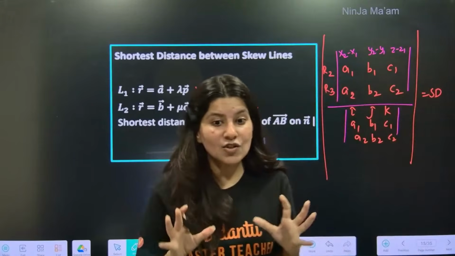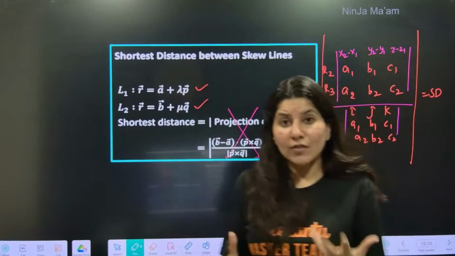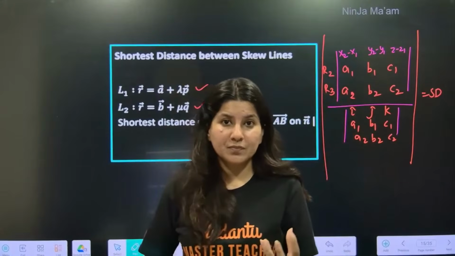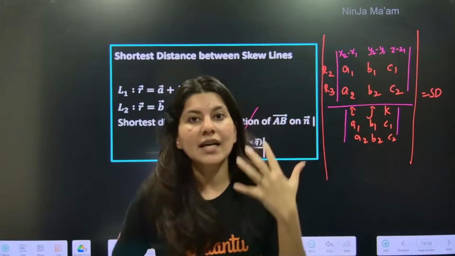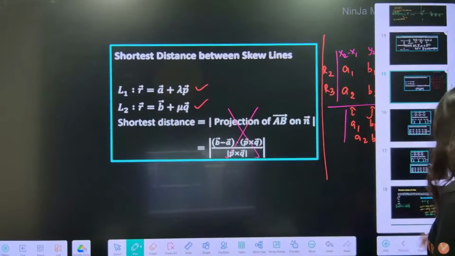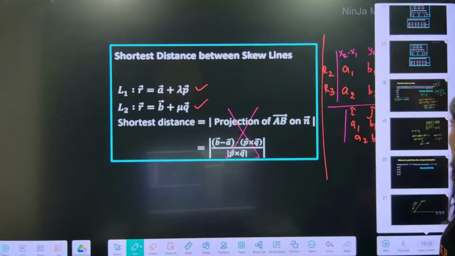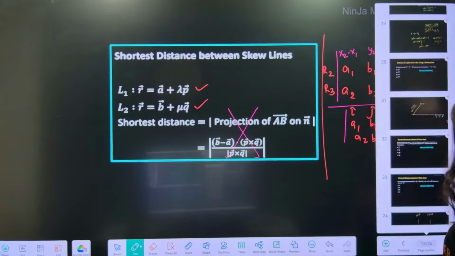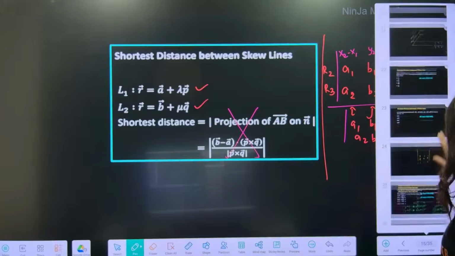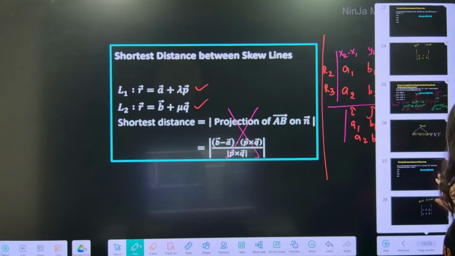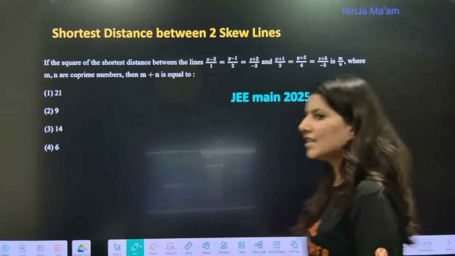But there is a ninja style with which you can reduce the calculation and do everything in your brain. Mental calculation we will do. Are we ready for this question? Because this short question is going to be there. I have a very easy question.